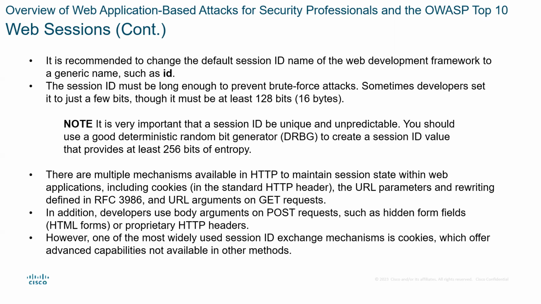It is very important that the session ID be unique and unpredictable. So there is a framework for it, which is called the deterministic random bit generator. That is what people should embed into web applications to help create a session ID value for each transaction that occurs. Quite a number of mechanisms are available.